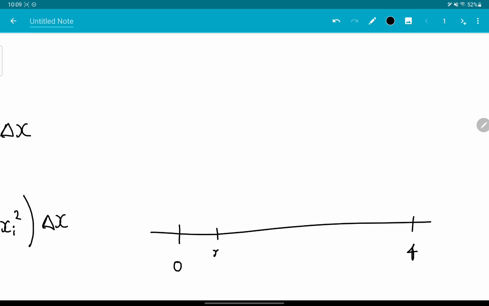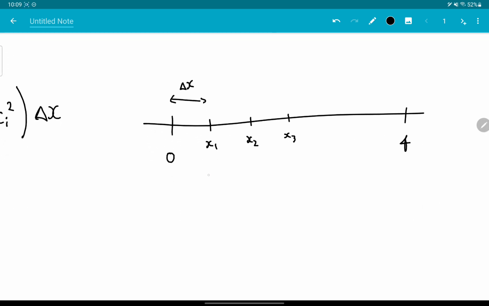So let's say x1 is here, x2 is here. Again, we're doing right endpoints. So for each of these subintervals, we choose the right endpoint. And our delta x is the width of each subinterval. So that's delta x there, delta x there.